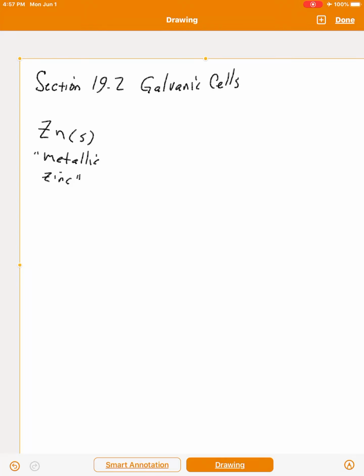The example we're going to look at is what happens when we take metallic zinc. Metallic zinc is a solid, right? It's a piece of metal. And we're going to dip it into water and react it with copper 2 ions that are dissolved in the water. A redox reaction will take place, and what will happen is the zinc will get oxidized into zinc ions.